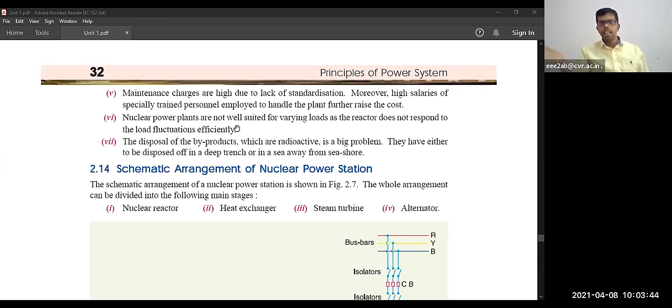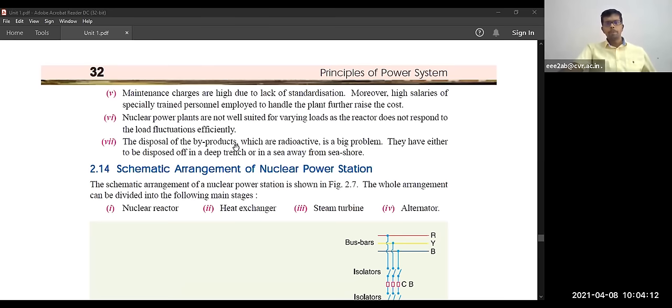Due to the varying loads, you can't simply increase that to 1000 megawatt or 600 megawatt like that. If a power plant is producing 1000 megawatt, you can't produce more than that. Only within that range can you produce. I'll come to your doubts later, after the end of this class.